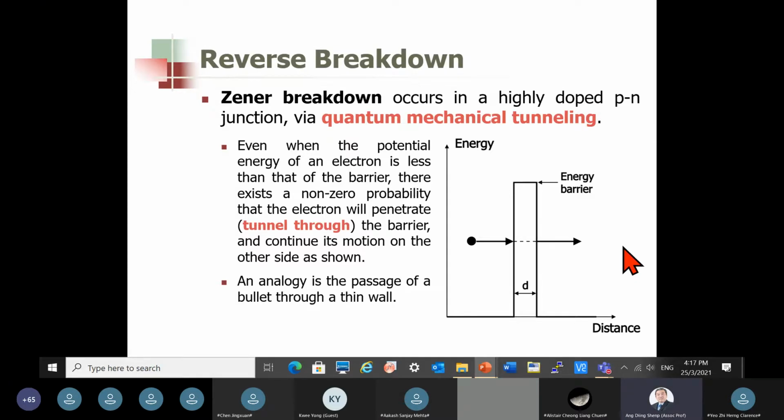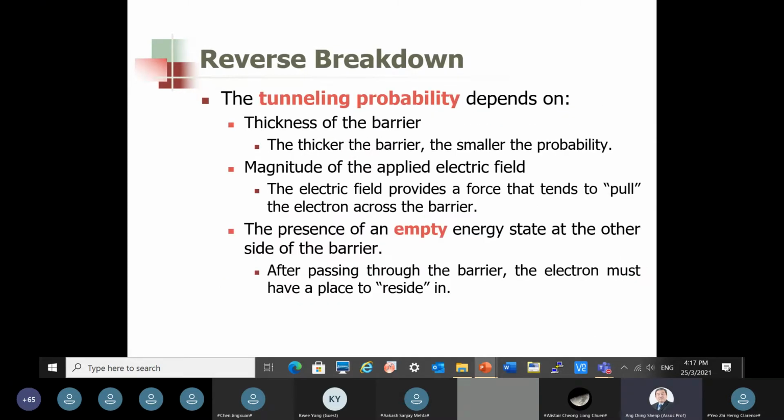So if there is an electric field in the right direction, it will favor the tunneling, increasing the probability. The third condition is that there must be the presence of an empty energy state at the other side of the barrier.